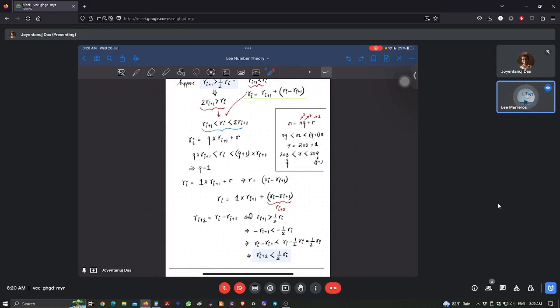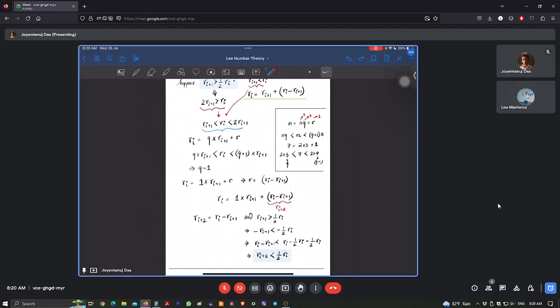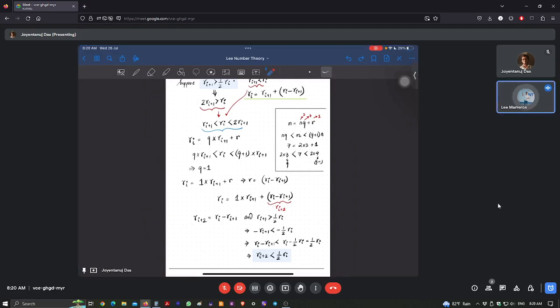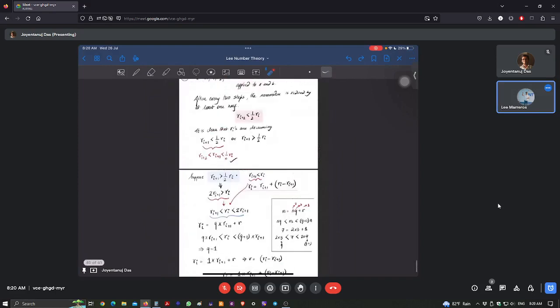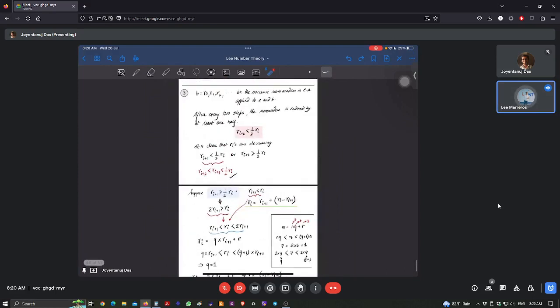But how come both suppositions are correct?